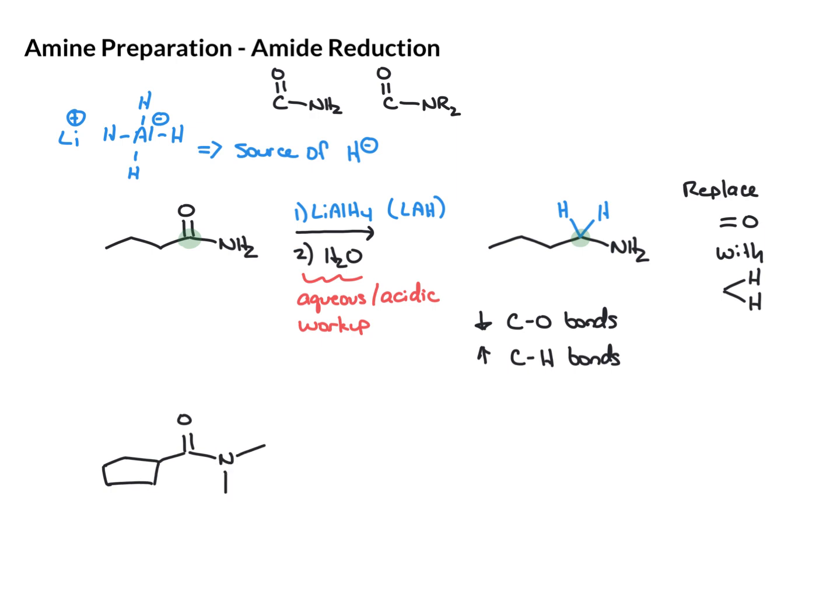Let's say we have a methyl and an ethyl on the nitrogen. If we do an LAH reduction of this, so I have my LAH in step 1. Step 2, again, is just a workup to quench everything when you're finished. I used acid instead of water. It doesn't really change anything. What we care about is our primary reagent, which is the lithium aluminum hydride. So what that does is, again, it reduces off that carbonyl of the amide.